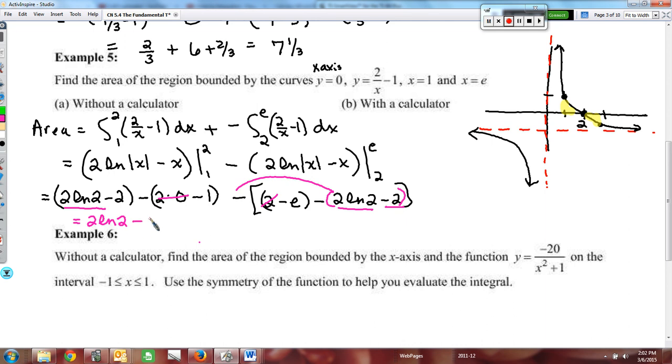So I have 2 natural log of 2 minus 2, and then when we plugged in 1, just making sure I'm checking my math, natural log of 1 is 0, so we end up with plus 1.